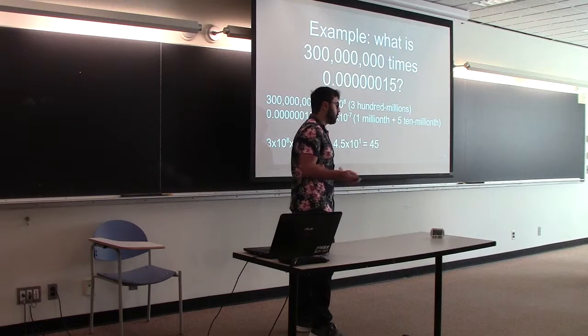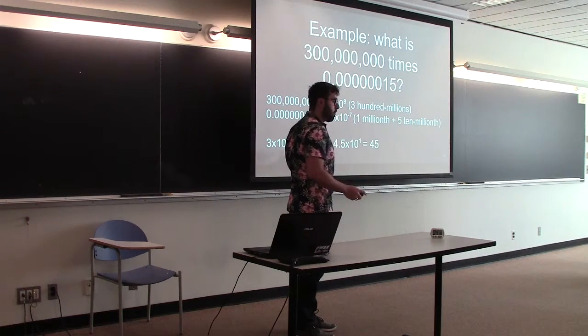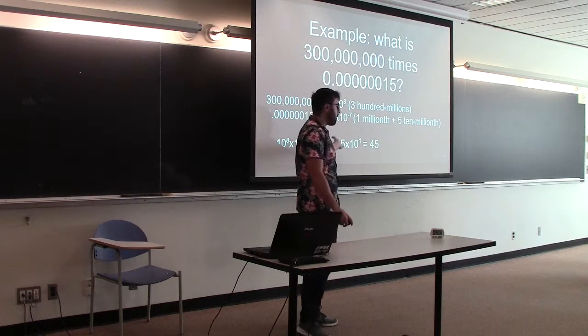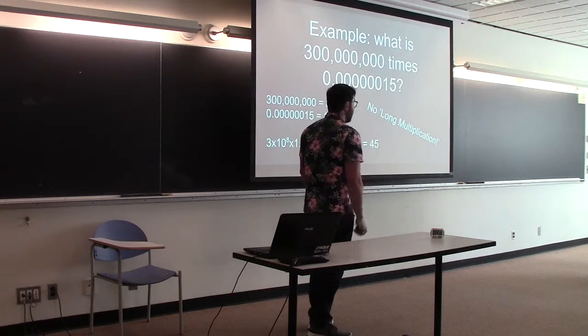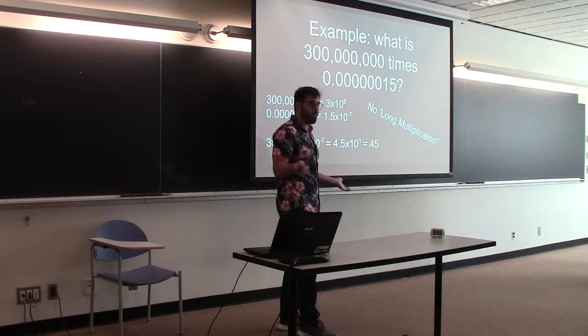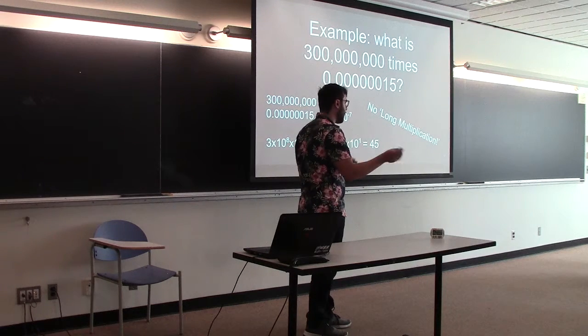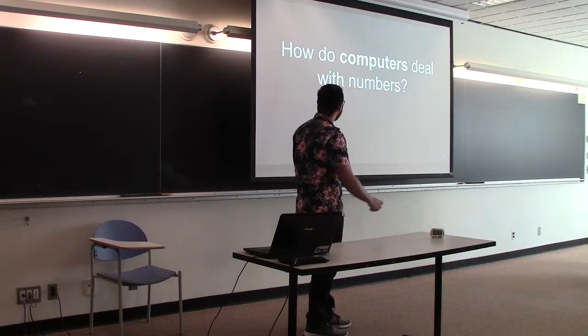A trick is to just add the exponents at the top, and you get the multiplication. So we get 4.5 times 10, which is 45. This is really cool because we don't have to depend on long multiplication with all those zeros at the end. You just use scientific notation and you get the answer pretty quickly.